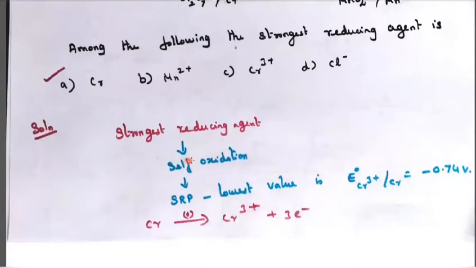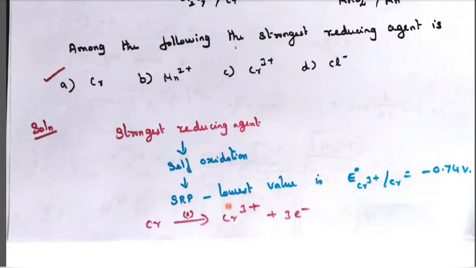The strongest reducing agent itself undergoes oxidation, and the standard reduction potential of Cr3+ and Cr is minus 0.74. So chromium on oxidation produces chromium 3 plus. Here the oxidation number of chromium atom is 0, since atoms of metals are always 0.